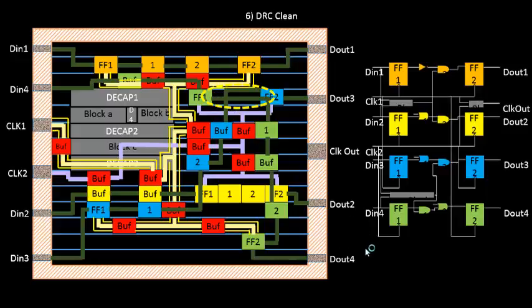Next, after we are done with the DRC cleaning, the next step is to do a complete parasitic extraction. By complete parasitic extraction, because we now have the data path routes, the clock routes, the shields, and everything in place, it makes sense at this stage to do a full parasitic extraction.